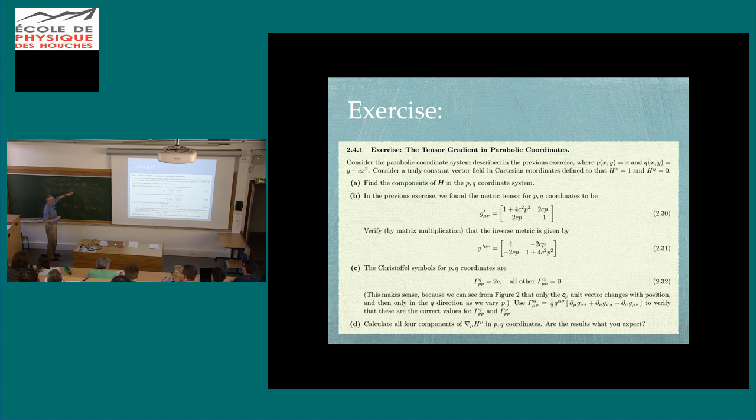It's got two components here, right? So I've got the Christoffel symbol P P P times HP, plus the Christoffel symbol P P Q times HQ, right? So what's this? 0.